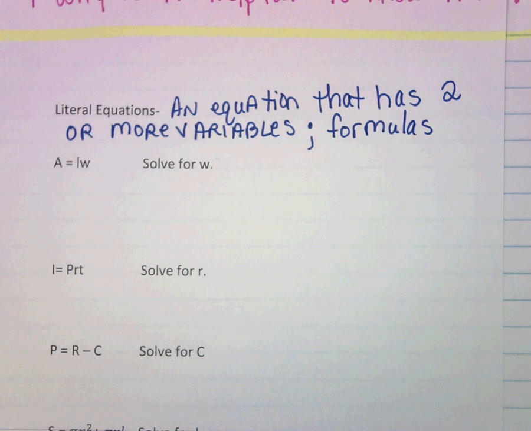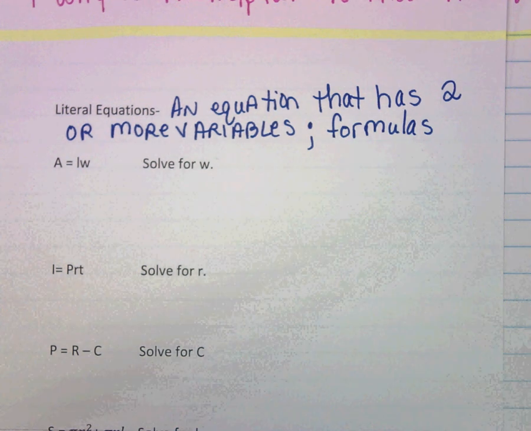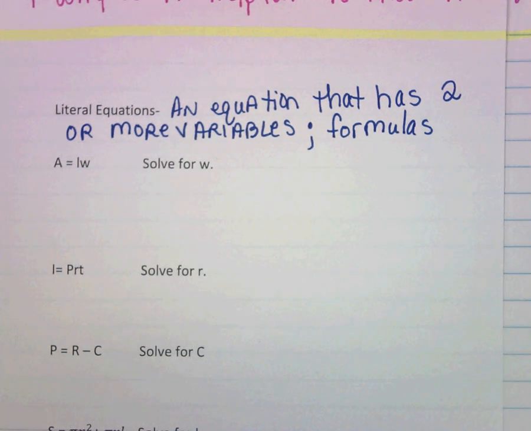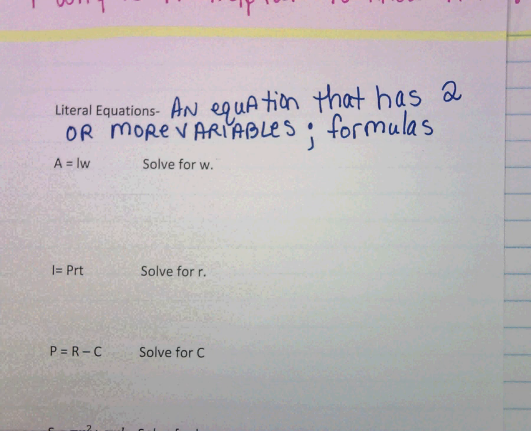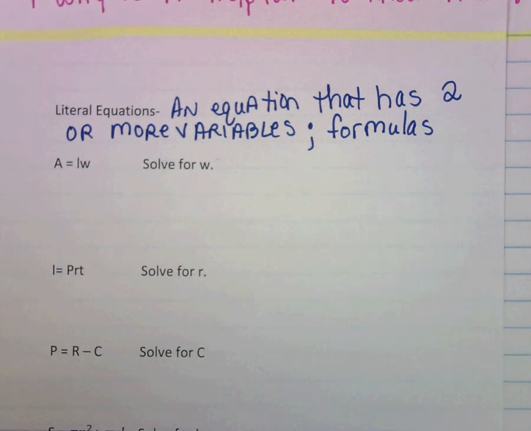We can even think of our linear equations, y equals 2x plus 3, as being a literal equation. And we already have experience solving those when we rearrange them from slope-intercept form to standard form, and from standard to slope-intercept form. We've already been working with that, so this shouldn't be too difficult.